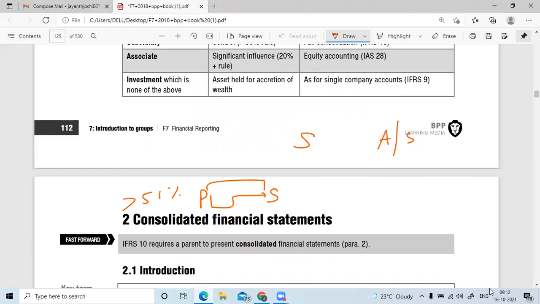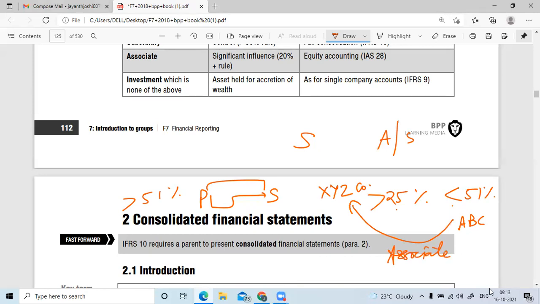If I say more than 25% but less than 51%, if XYZ company has invested in ABC company and the holding XYZ has in ABC is between 25 and 51, then ABC would be called XYZ's... Not parent. Associate company.